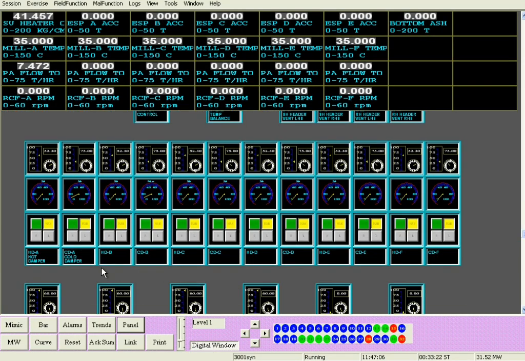Now once you have opened the hot air gate, you are able to see the PA flow. So you can go to the coal mill and feeder panel, and there you are able to see the PA flow, that is rising. Now it is 9.73310, something like that. And you can see the mill temperature above that also, mill A temperature, that is also 35.136, it is rising.